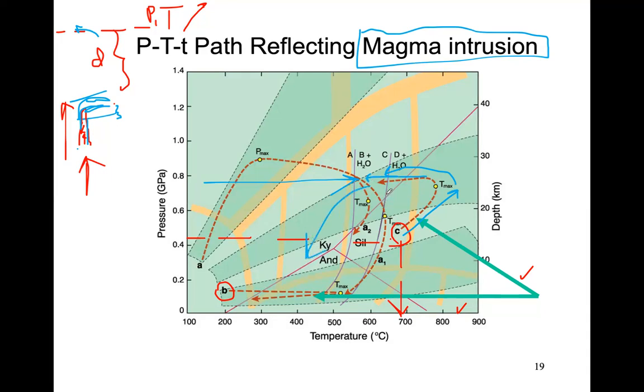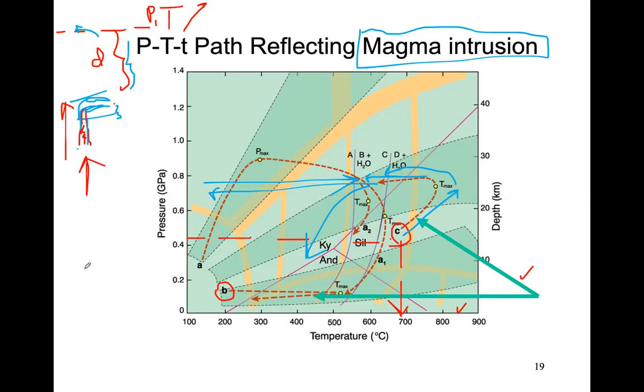Okay, but according to this PT path, it has not yet happened, right? So slow cooling will make the rock unit cool down further. But since the rock is still there at depth, you can't expect it to cool to 200, right? Because at depth you have the geothermal gradient.